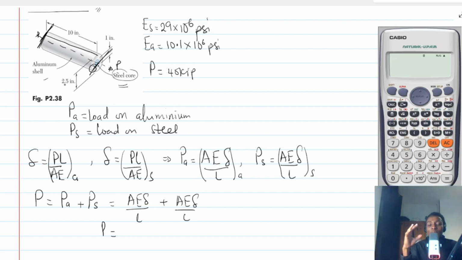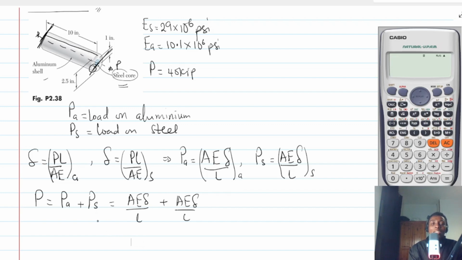So it's like some sort of steel core and aluminum shell, and they will have the same length. So you can factorize out the length, and they will actually have the same deflection, because that is the deflection that we will be looking for.